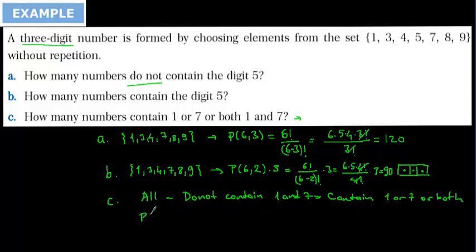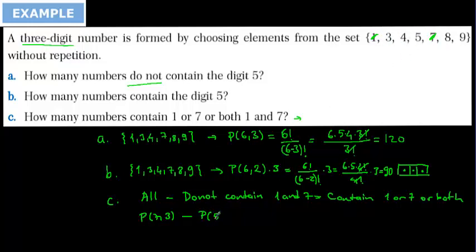What is all? Permutation 7 with 3, without any restriction. Which numbers do not contain 1 and 7? It means that there are 5 numbers remaining, since we cancel 1 and 7. There are 5 numbers in total.